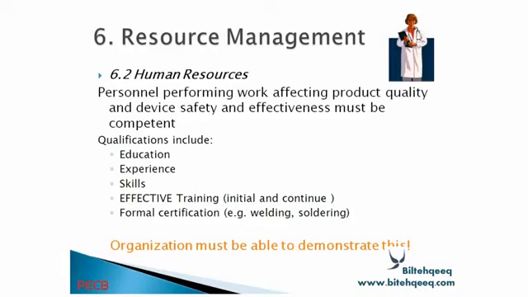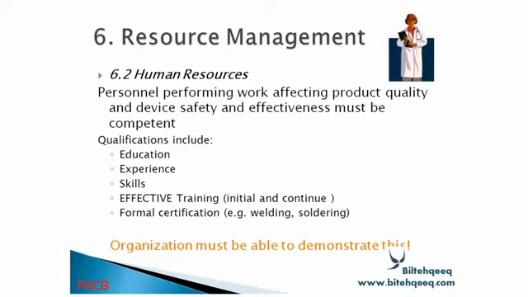And human resources are a main resource, and this includes personnel performing work affecting product quality and device safety and effectiveness, who must be competent. So all the humans who are performing different activities must be competent in terms of their education, their experience, their skill, and they must have been trained effectively, and they must have the formal certification for their job.